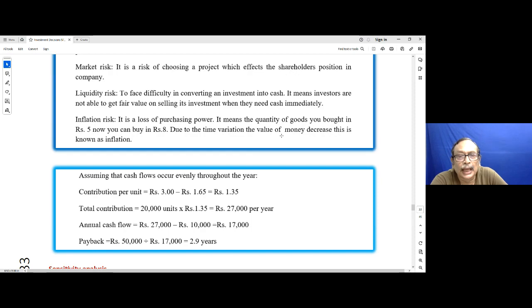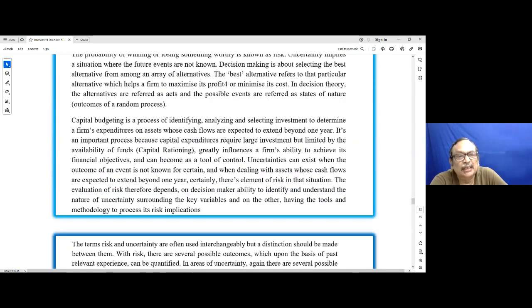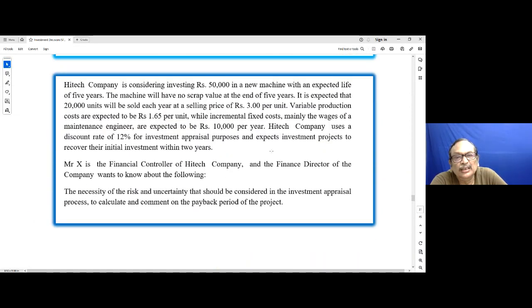Now, as it is given in the question, just have a look. It is expected that 20,000 units will be sold each year at a selling price of rupees 3 per unit.